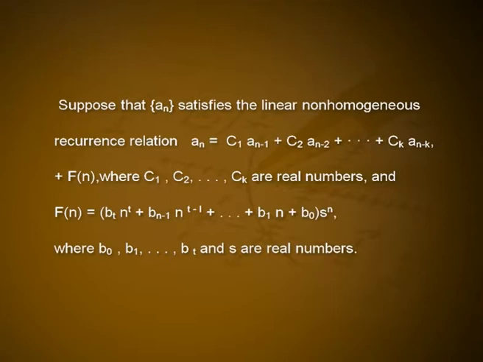Theorem 13. Suppose that a_n satisfies the linear non-homogeneous recurrence relation a_n = c_1 a_(n-1) + c_2 a_(n-2) + ... + c_k a_(n-k) + f(n), where c_1, c_2, ..., c_k are real numbers and f(n) = (b_t n^t + b_(t-1) n^(t-1) + ... + b_1 n + b_0) s^n, where b_0, b_1, ..., b_t and s are real numbers.